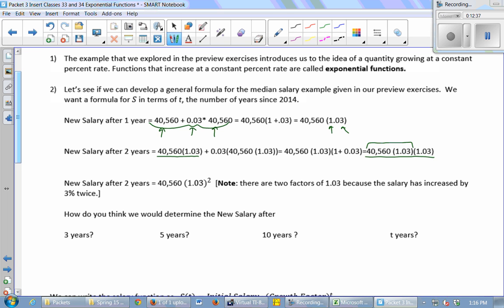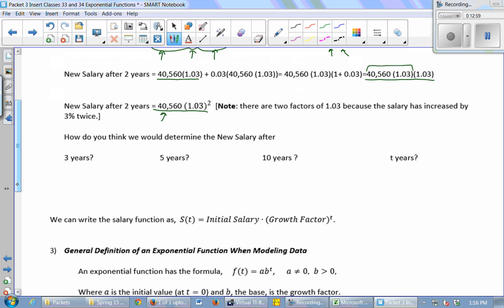You could, yeah. But if I wanted to be even a little bit more efficient, rather than having to do this calculation out and get a new number, I could always start with the initial value of 40,560 and then just multiply by 1.03 an appropriate number of times. If I wanted to know my salary after 3 years, I would start with $40,560, my initial salary, and I would multiply by 1.03 3 times, once for each year to increase by 3%, 3 times.